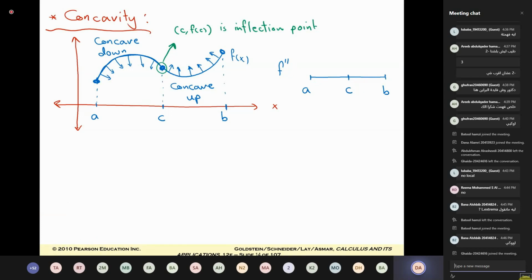This is a critical point of the second derivative, meaning inflection point. If the second derivative is negative, the function is concave down. If the sign of f double prime is positive, we have f of x concave up.